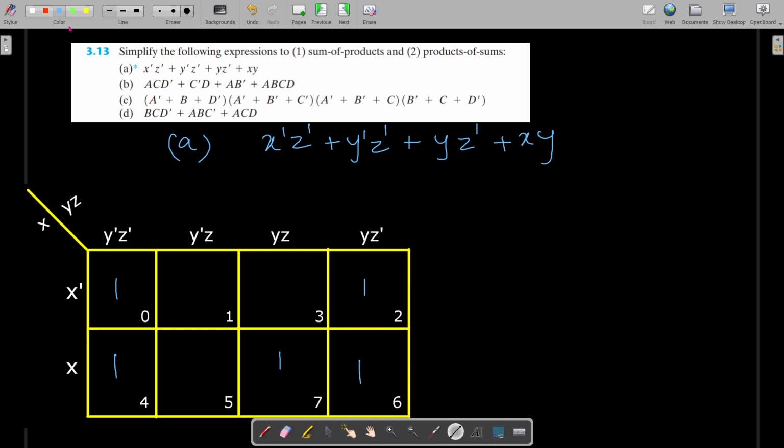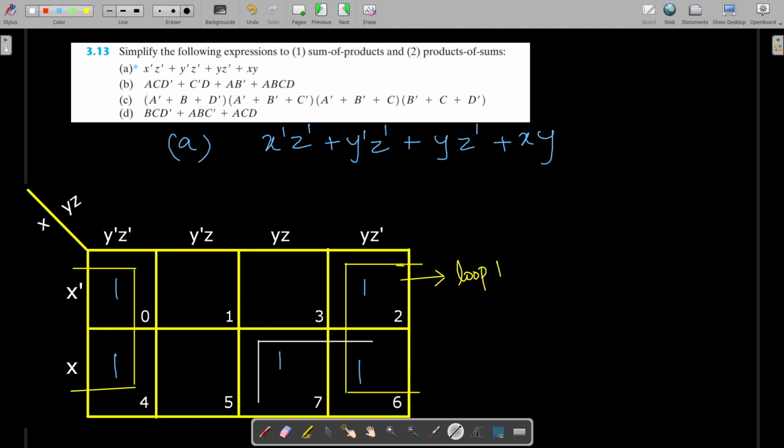Now we can form the loops corresponding to this. For that we can form a quad like this by combining these four ones together. So this can be called loop 1. Then we can form a pair by combining these two ones, in the sixth and the seventh cell. So this is your loop 2. Now it's time to write the simplified expression. For loop 1 it covers these two, so all the rows are covered.